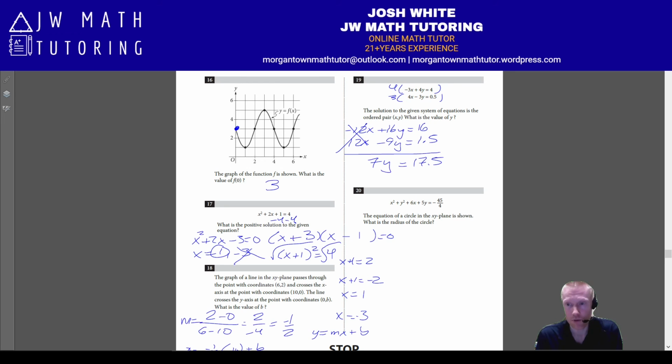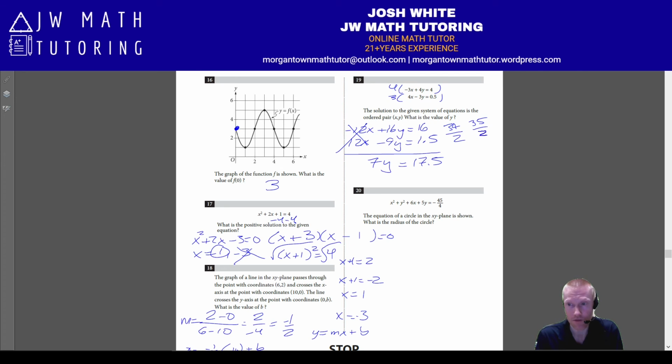So this is kind of annoying because it's a decimal, but it actually won't be that bad if we convert this to a fraction. What you would notice is that 17 is equal to 34 over 2, and 18 would be equal to 36 over 2. So 17 and a half is going to be right in the middle.